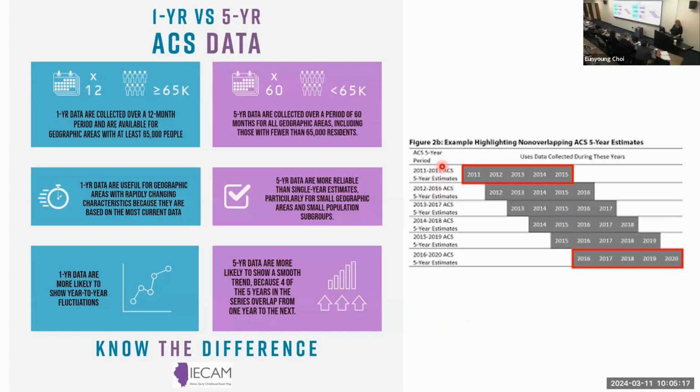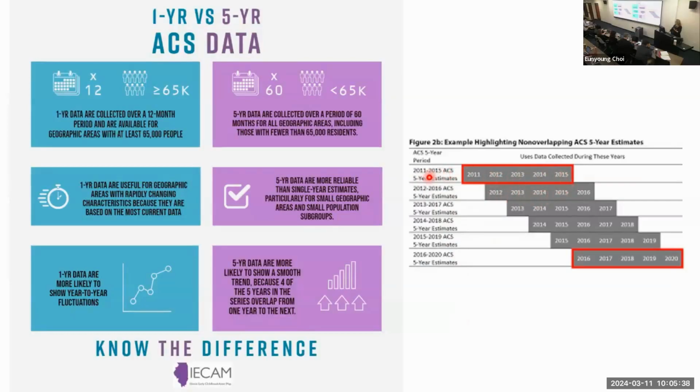And this is a figure, this is also from Bob's report. I'm sorry for the lack of clarity. I don't know why the figures look so fuzzy in his report. But you can see that if you were to use the 5 year estimates from the 2011 to 2015 ACS, as well as the 2012 to 2016, you have this substantial overlap. So obviously these estimates are going to be very similar to each other.